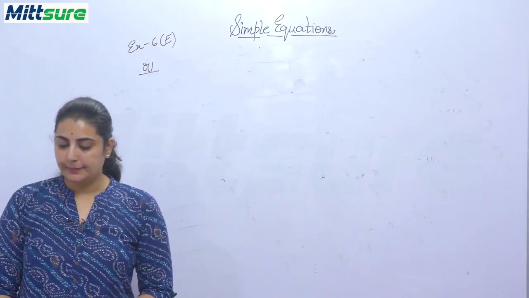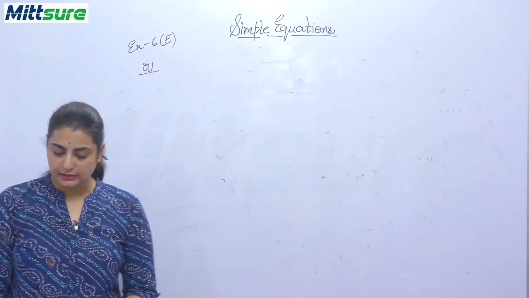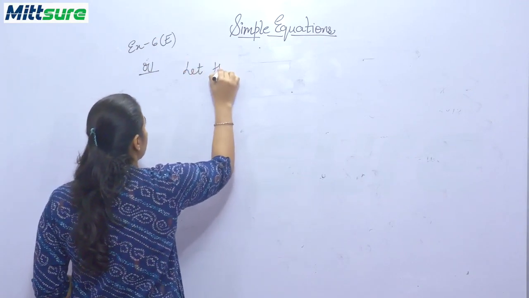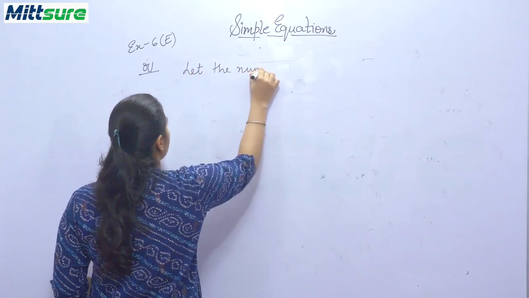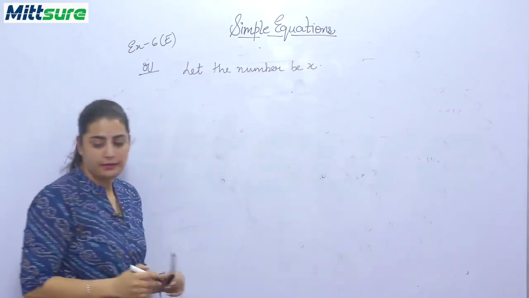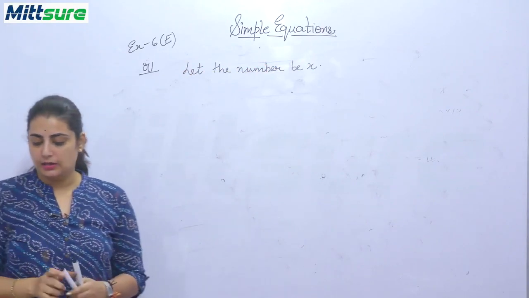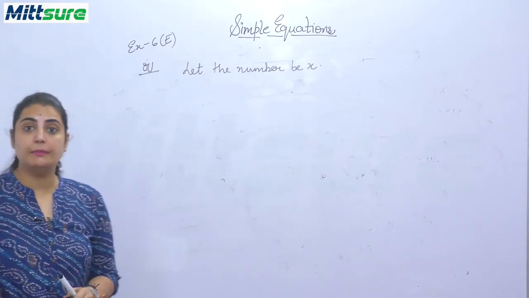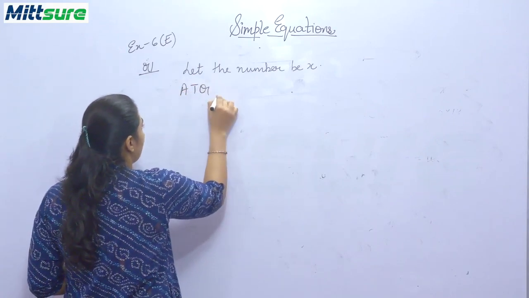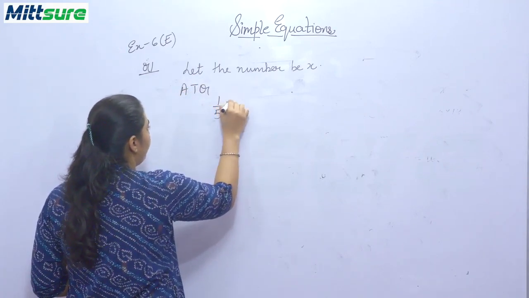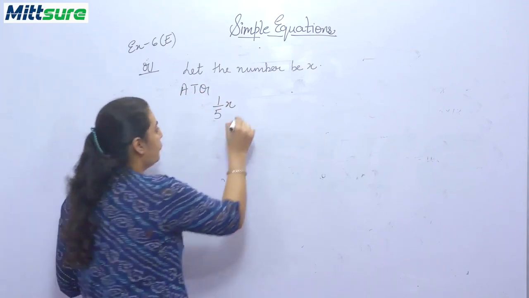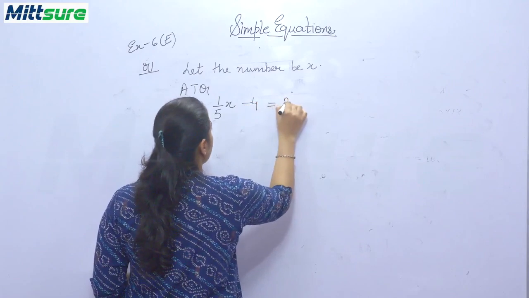One-fifth of a number minus 4 gives 3. One-fifth of a number. So let the number be x. Okay. Let the number be x. Now one-fifth of a number minus 4. According to the question, one-fifth of the number x, that is minus 4, gives you 3.